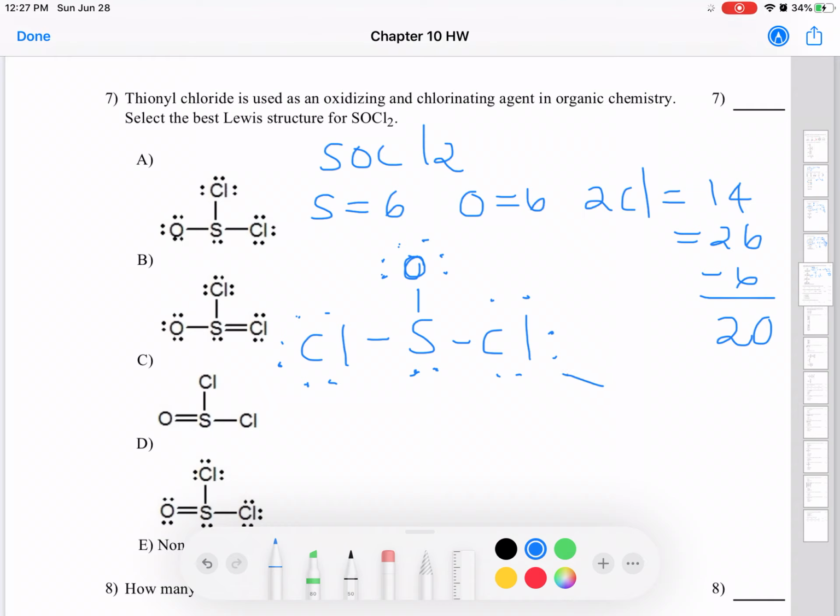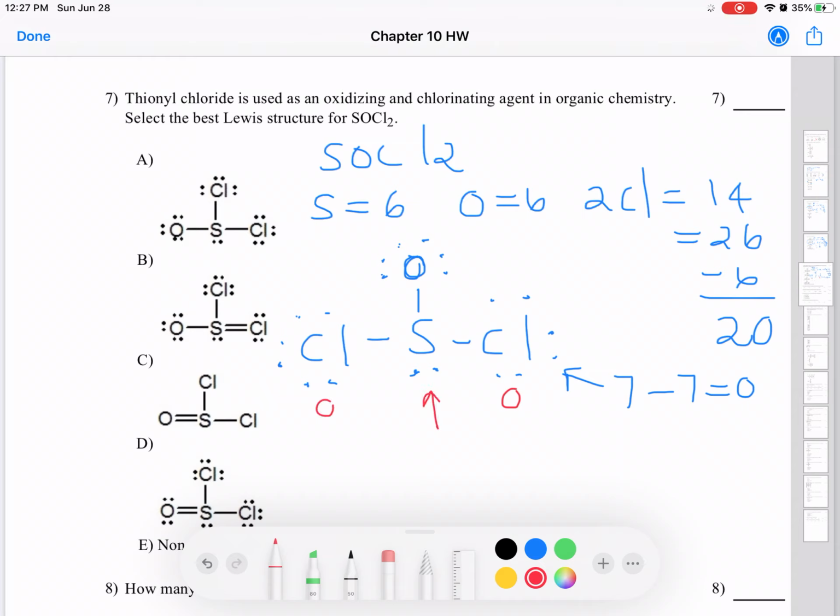Let's look at chlorine. First we look at the group number. Chlorine group number is 7 minus the number of electrons and bonds on chlorine. So there are 6 electrons and 1 bond, making it 7. So 7 minus 7, 0. So the formal charge of chlorine is 0. Same pattern for this chlorine, that is also 0.